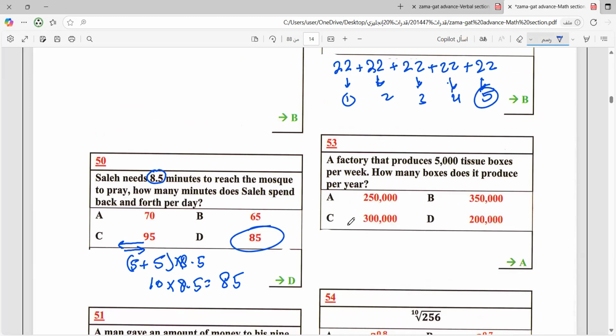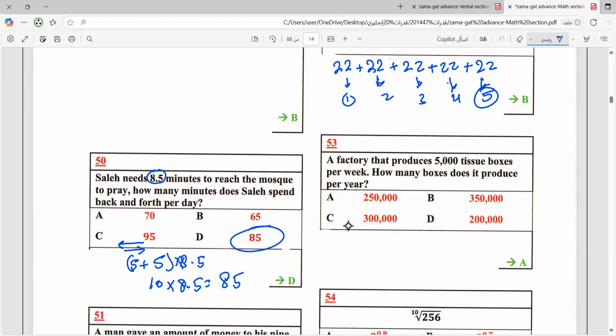A factory produces 5,000 tissue boxes per week. How many does it produce per year? It's very easy. It is per week, so how many weeks are in a year?